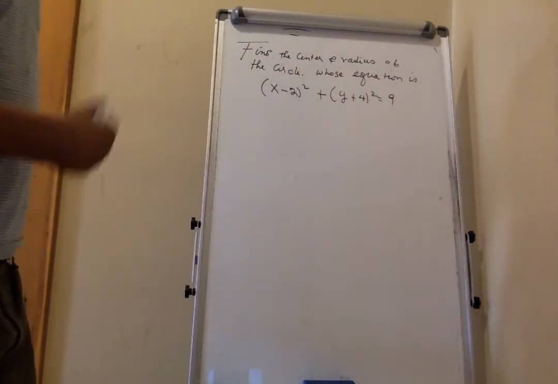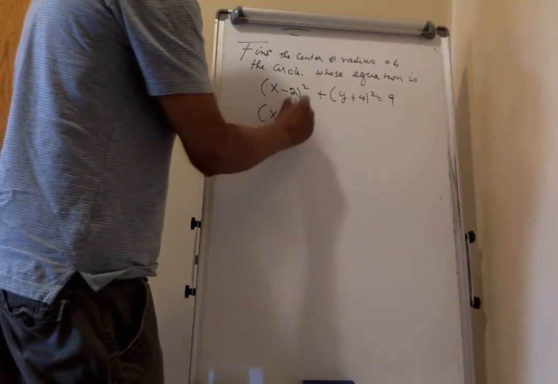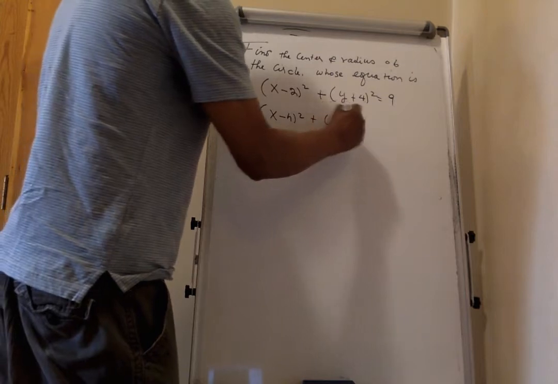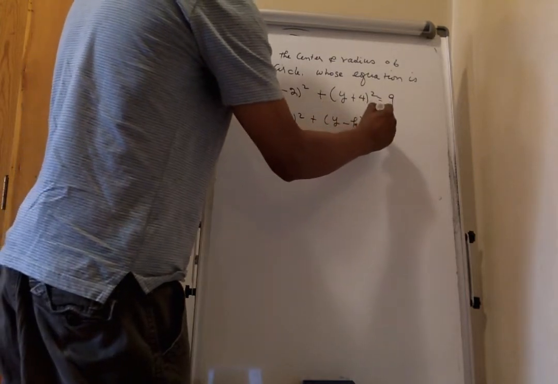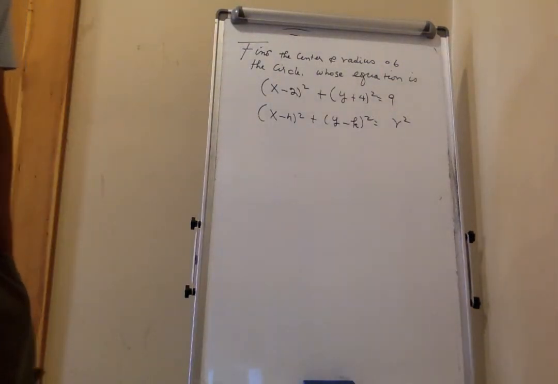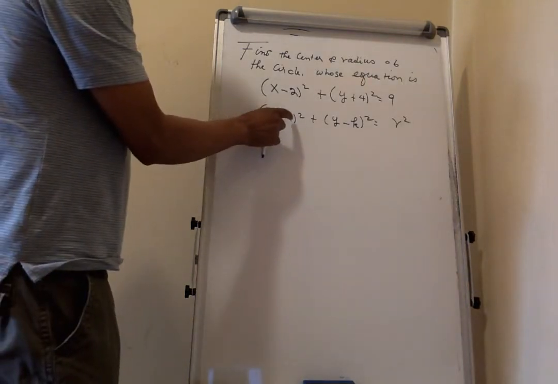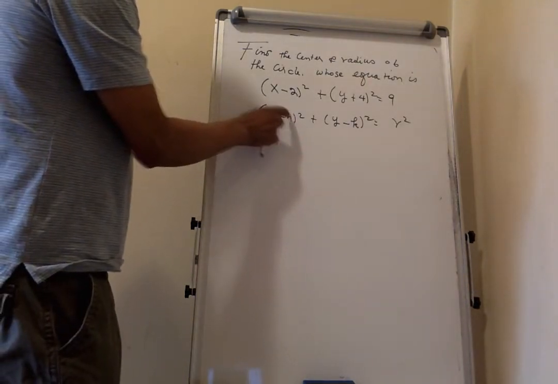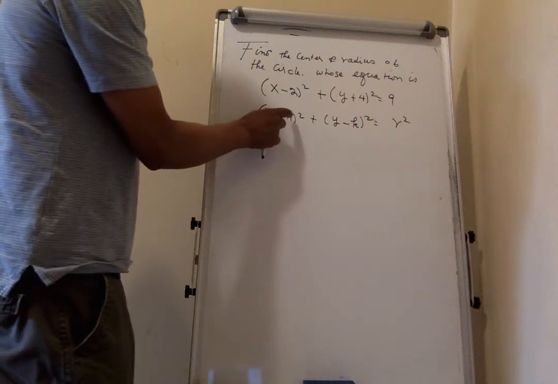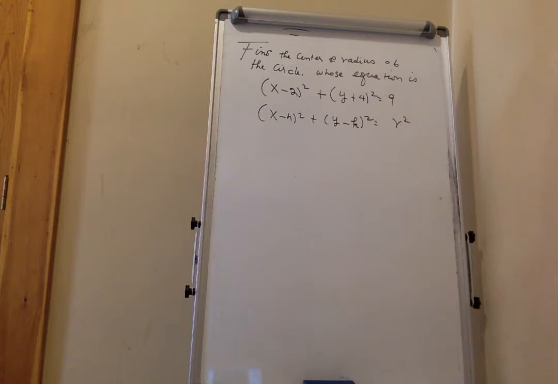So you know the formula for this would be x minus h squared plus y minus k squared is equal to r squared. So once you write it, you want to find out which one is your h and which one is your k. In this instance, be careful because we're subtracting the x coordinate of the center from x and the y coordinate of the center from y.